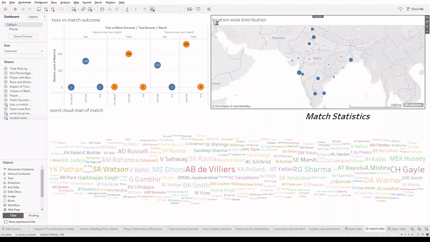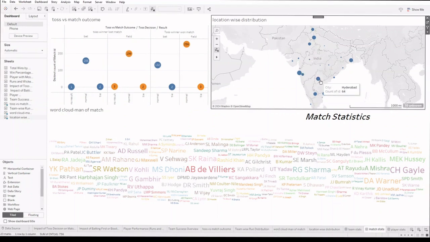When you come here, this will show you the location-wise distribution. This explains how many matches in total have been held in each of the places of the IPL season. Mostly the bubbles have been formed based on sizes. That means if the size is bigger, then more matches have been held in that stadium.